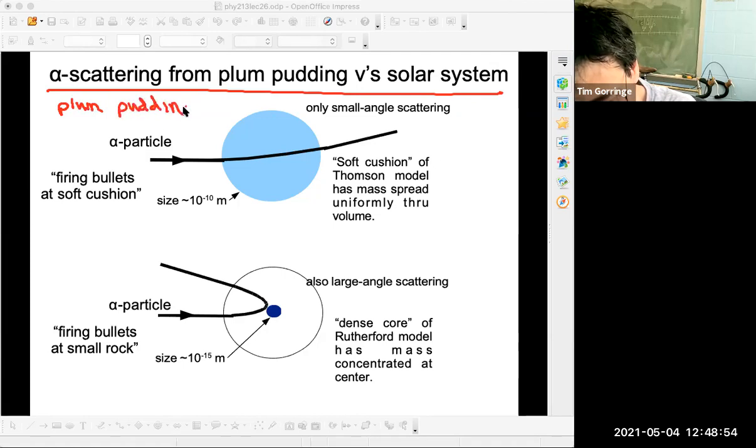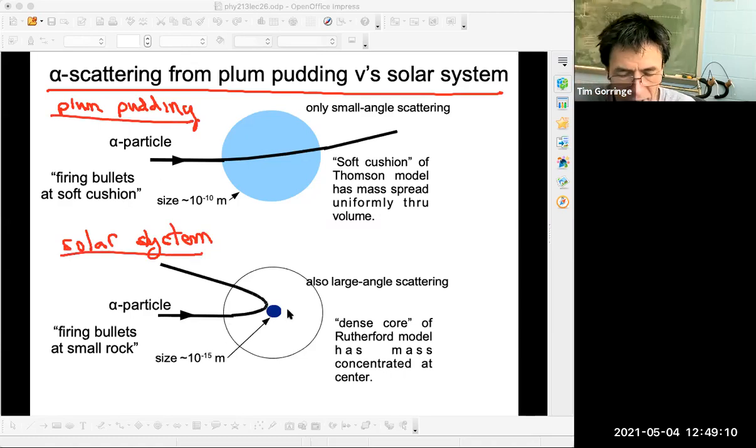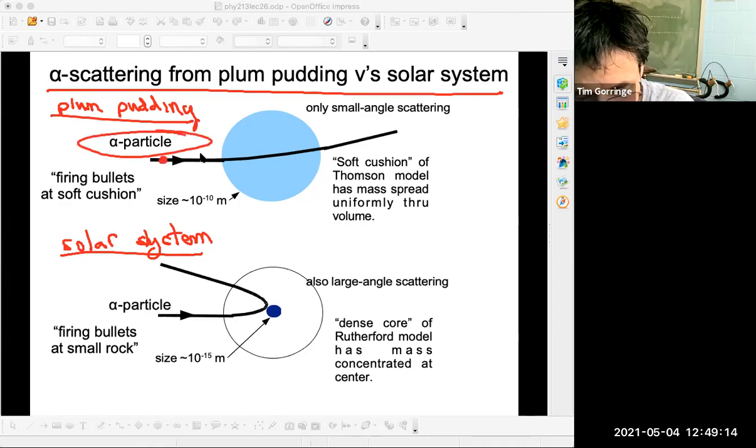This is making me hungry. And the bottom one, this is the solar system. That's making me lonely. And we're picturing alpha particle scattering. So here's an alpha particle heading towards the plum pudding atom, and here's an alpha particle heading towards the solar system atom.